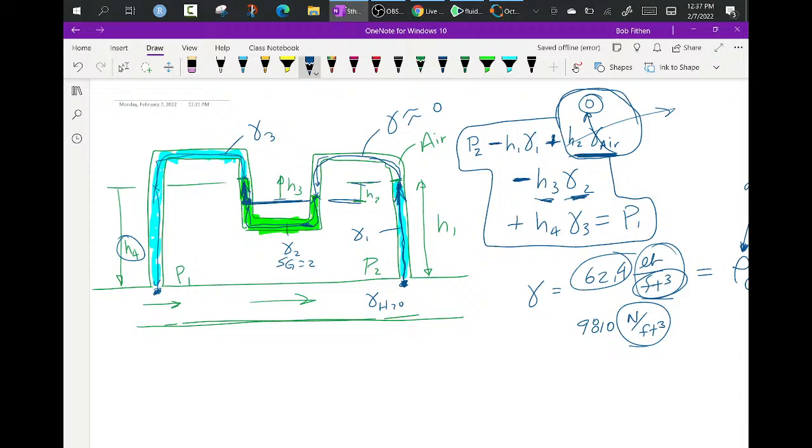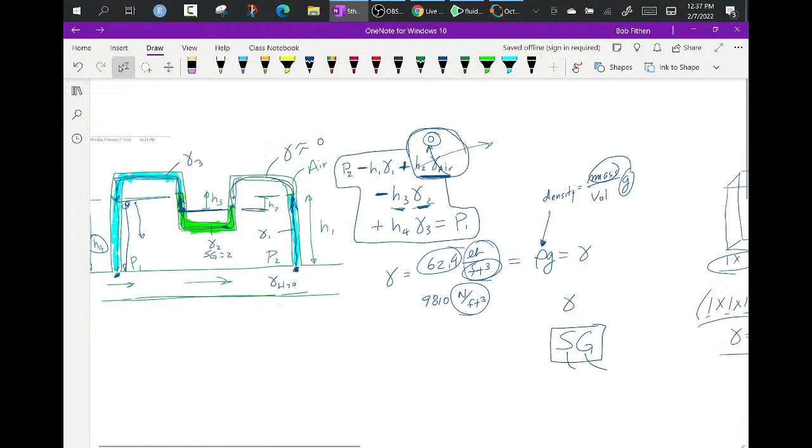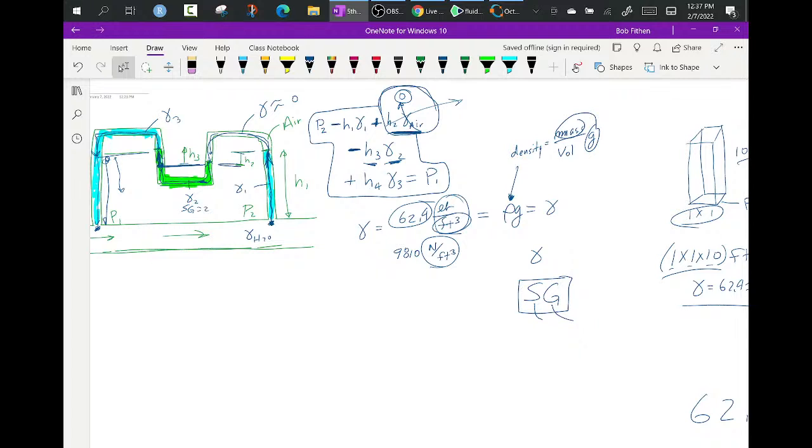And then you come back down to the same level, and from this point, you're swimming down, you're gaining pressure. So just think of it as going up and down through there.